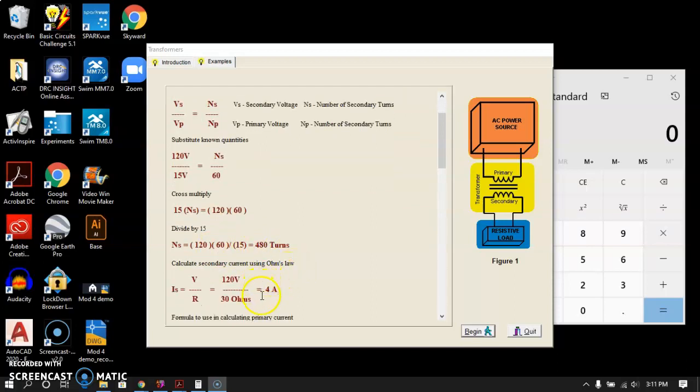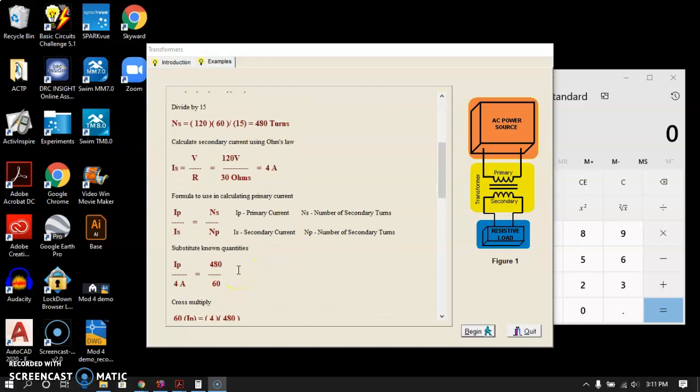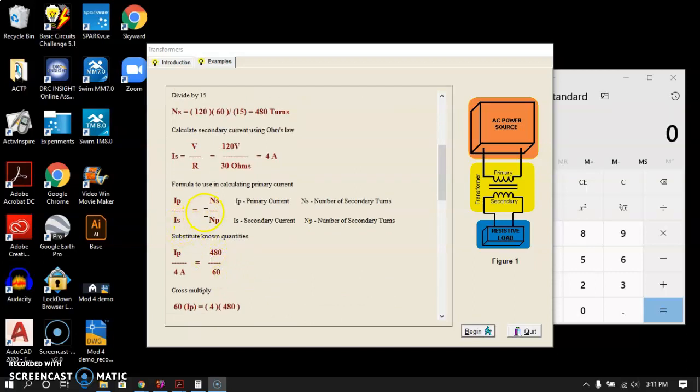Take that previously calculated value of Ohm's law, the 4 amps, that's worked out here, and then we can plug it into the amperage equations, filling in again what we know. The newly calculated 480 turns on the secondary to the 60 turns that was given on our primary. Remember, it's an inverse relationship here, so our secondary current is down here on the bottom, primary current is up here.